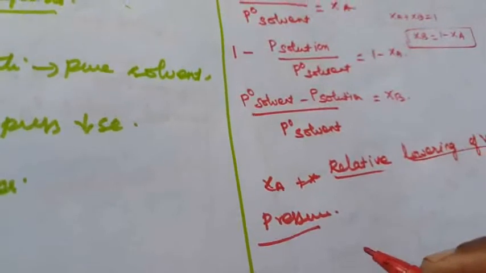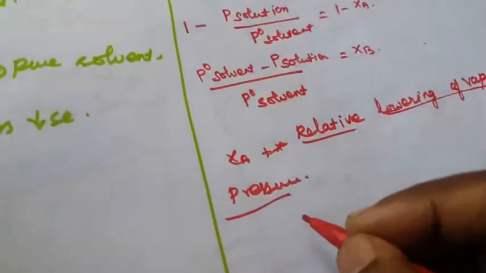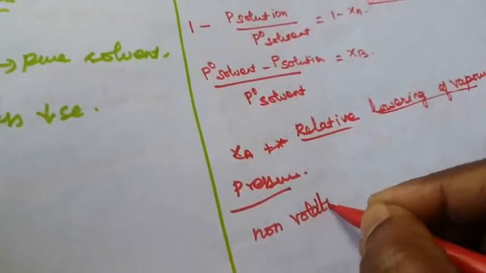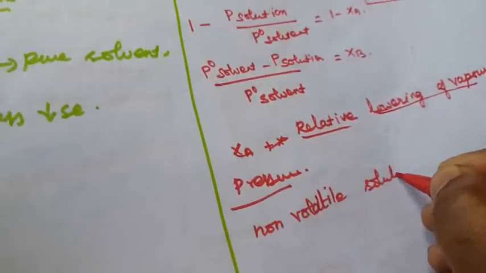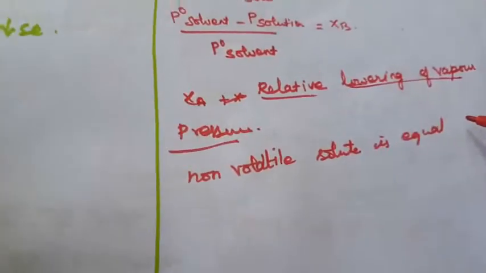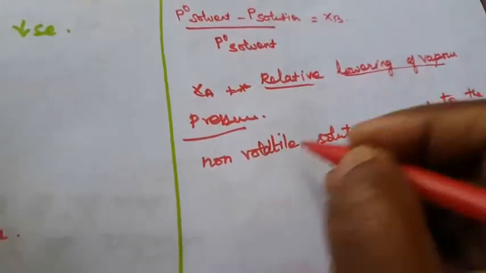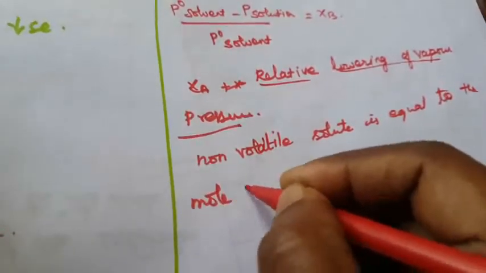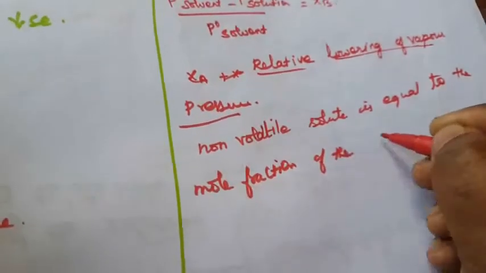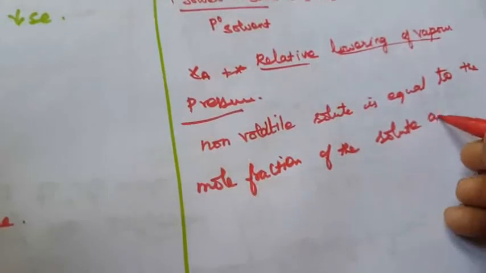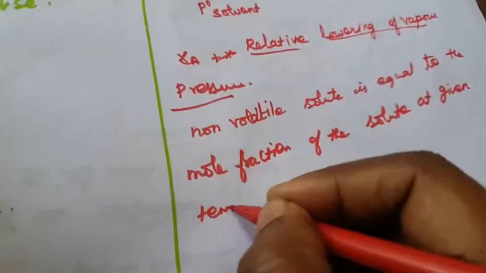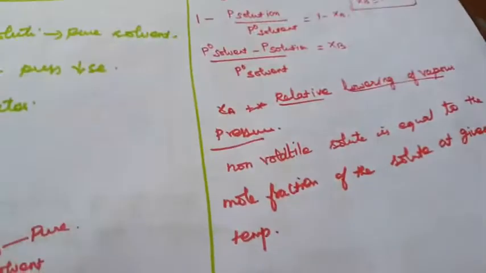For a non-volatile solute, it is equal to the mole fraction of the solute at a given temperature. That is called the relative lowering of vapor pressure.